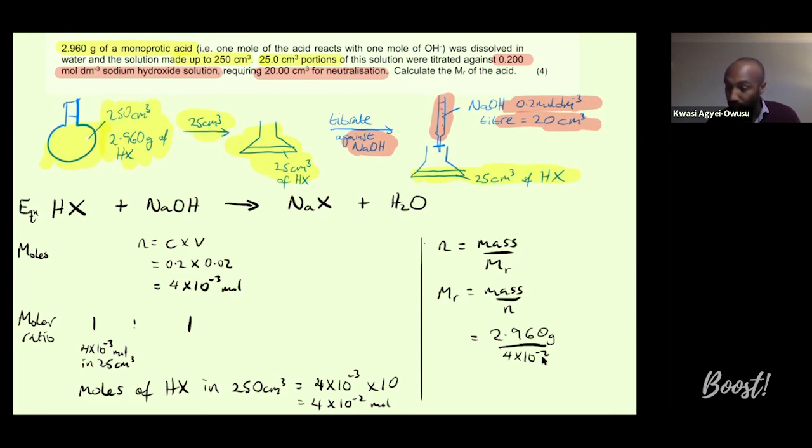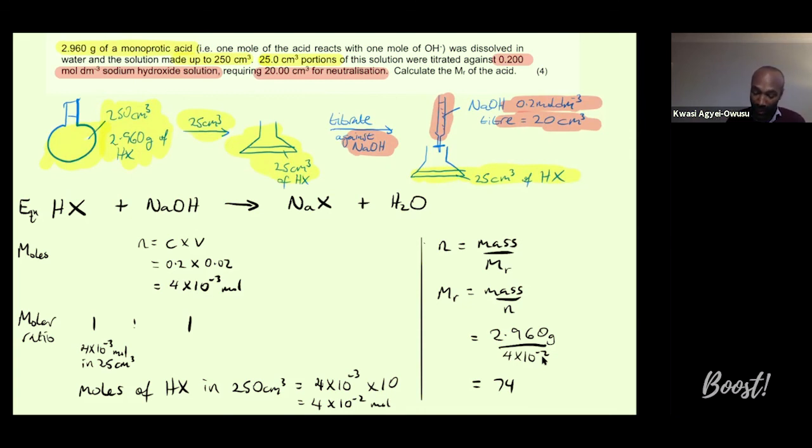Sorry, I've got things the wrong way around, 2.960 divided by 4 times 10 to the minus 2, and this should give us 74 as our Mr.